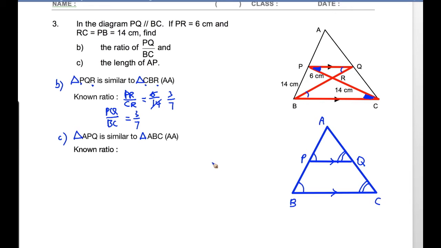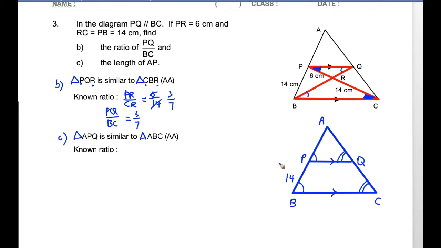In the second part, we need to find the length of AP. To find the length of AP, we need to find the corresponding length to AP, which is AB. But before we do that, again, we need to identify the similar triangles. In this case, it's triangle APQ and ABC because they have two corresponding angles.